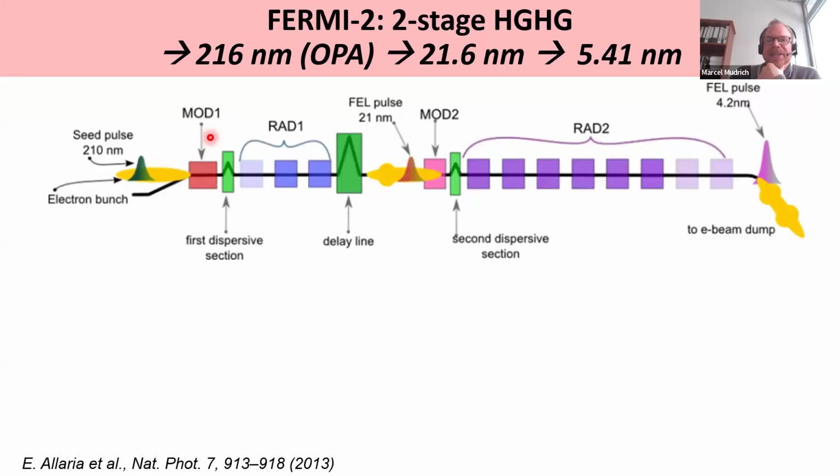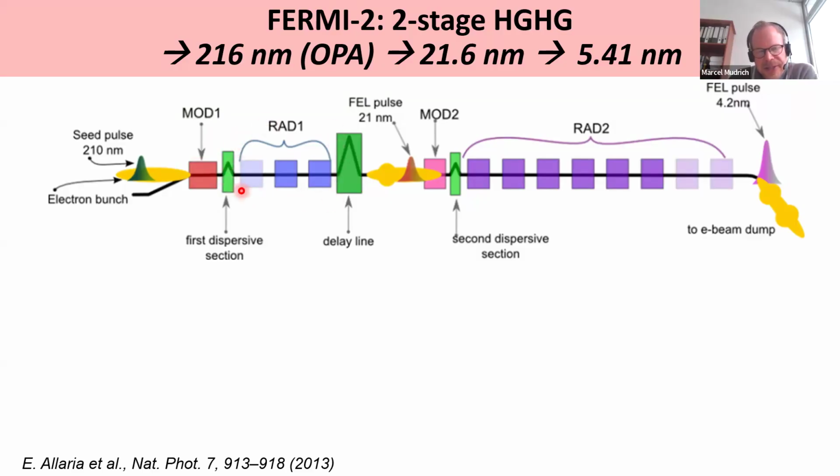Yeah, another interesting development is that this HGHG process can actually be what is called cascaded. So you can just add another radiator. You have the modulator, which creates the controlled microbunches together with the magnetic chicane.